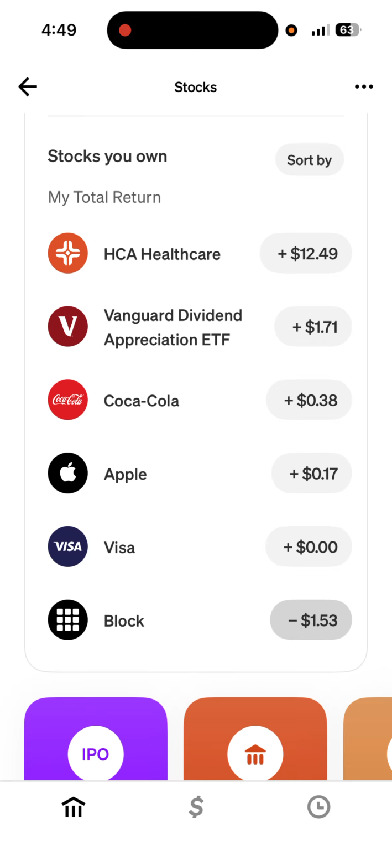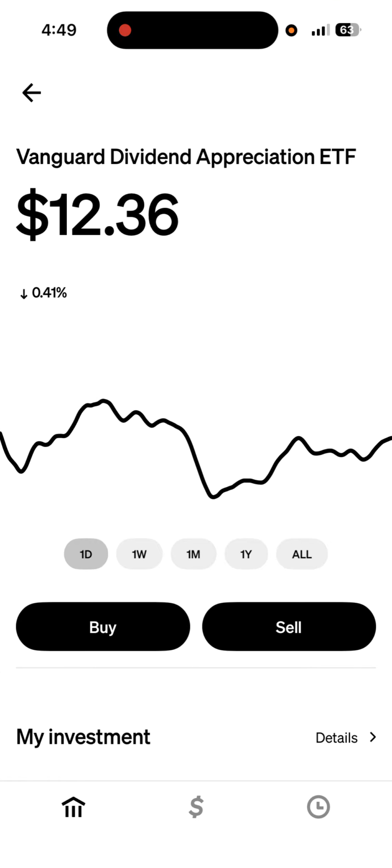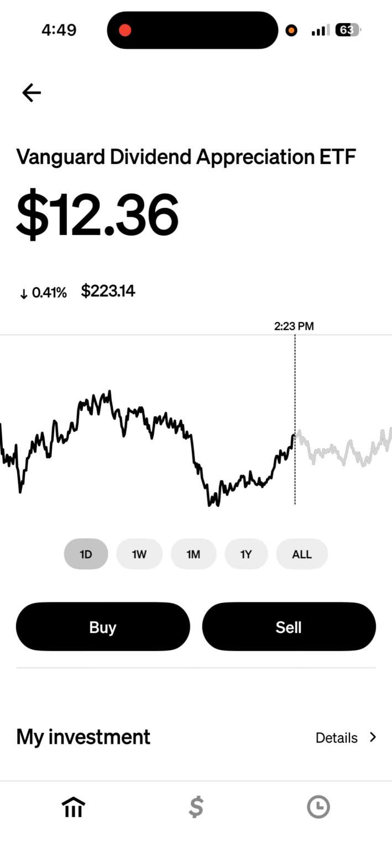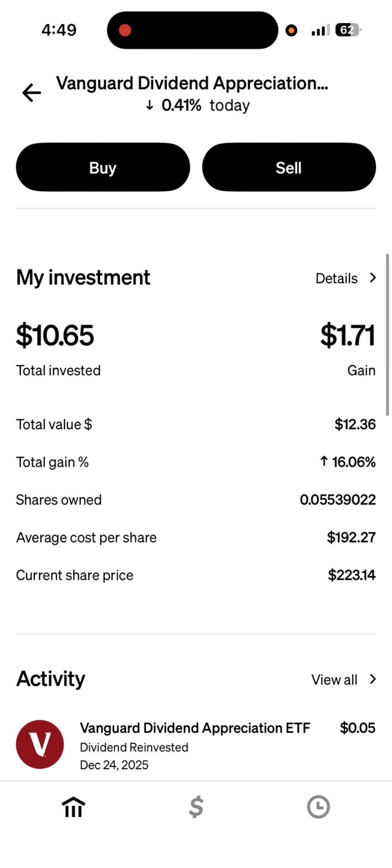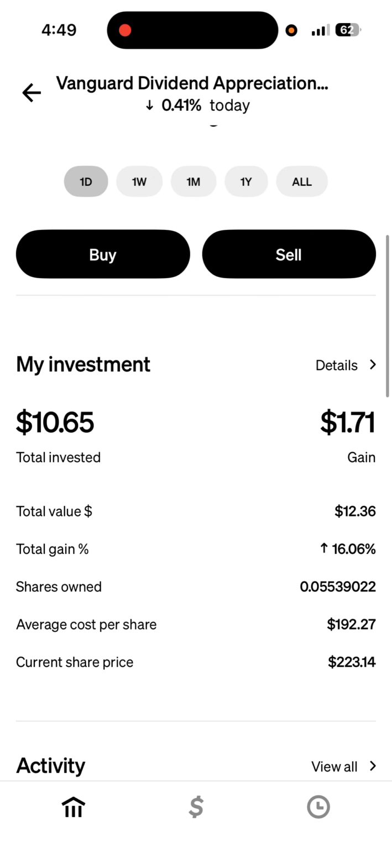And this is more of a dividend ETF, so this is income producing. So I'm not really looking for this to go up in value. I'm really looking at the cash flow of this, and the value of this is $12.36. As I scroll down, as you can see again, I invested $10.65 into this ETF.